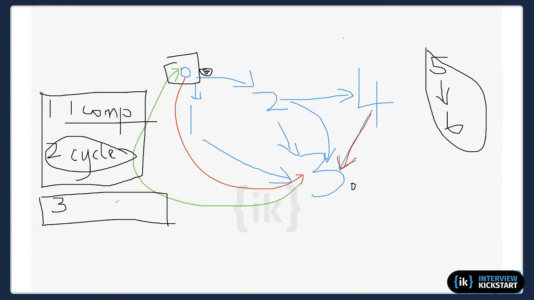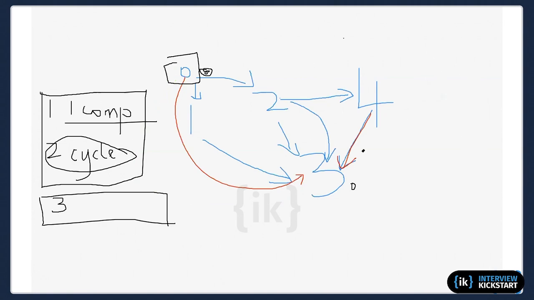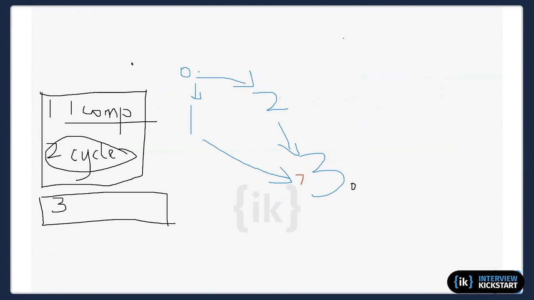Okay, let's see now if I finish the traversal. Let's say I don't have this one, and I don't have this. Let me make it shorter, easy to understand. Let's say I have something just like this. I don't have this forward edge. Remove this one. So I start assigning.